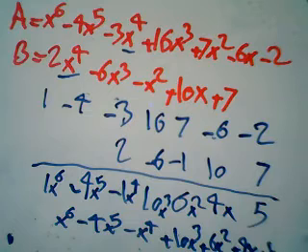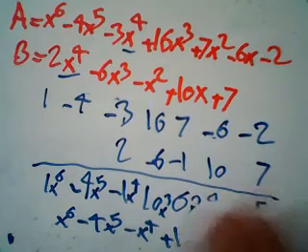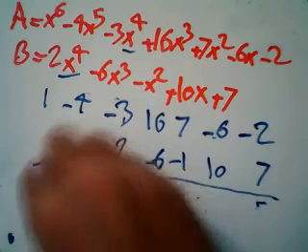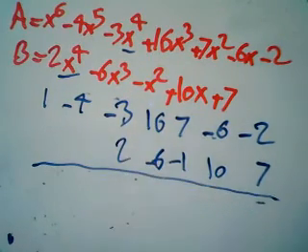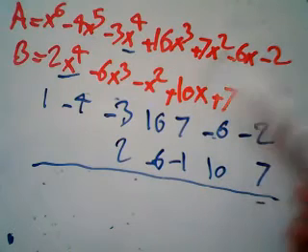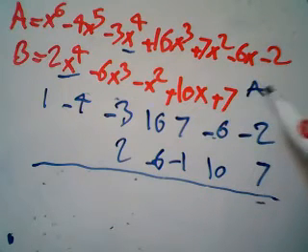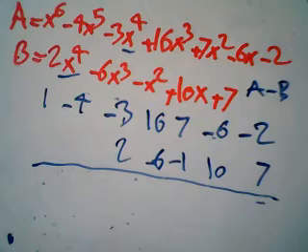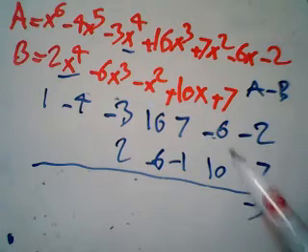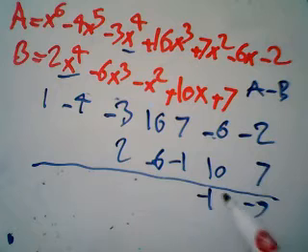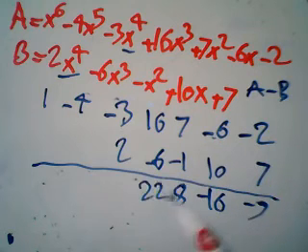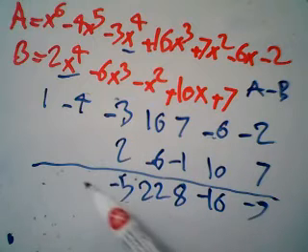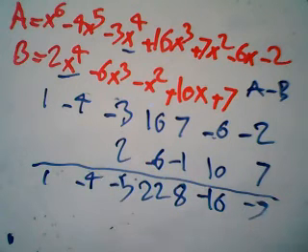But we could also subtract. Subtract this from this, which means calculate A minus B. So let's calculate. This minus this is minus 9. This minus this, minus 16, 8, 22, minus 5, and 1.